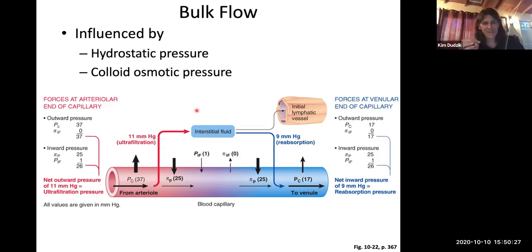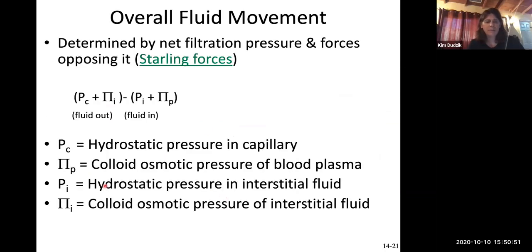That's what I mentioned was the solutes that are dissolved in the water. So that's indicated by pi.